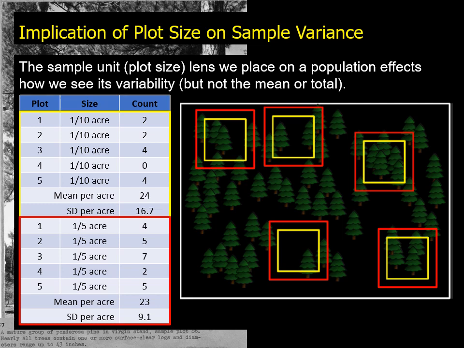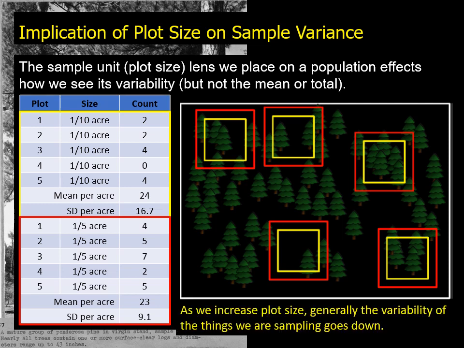While we see almost no change in the sample means, there is a significant decrease in the sample standard deviation at the larger plot size. Using this larger plot size reduces the odds of us having extreme values within the sample.